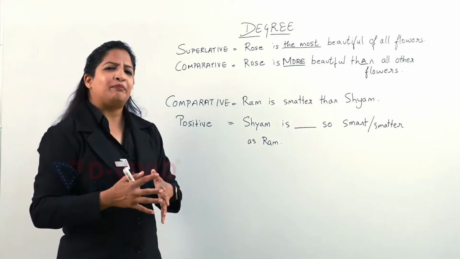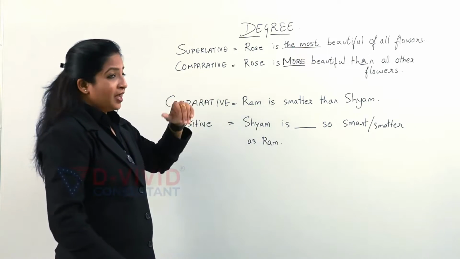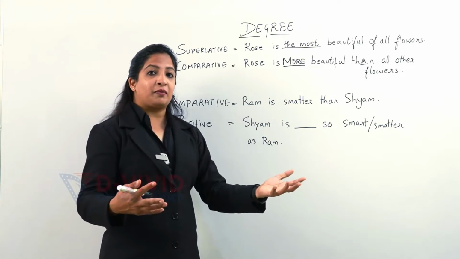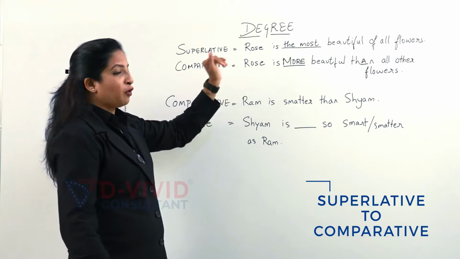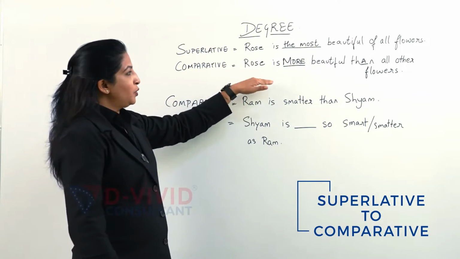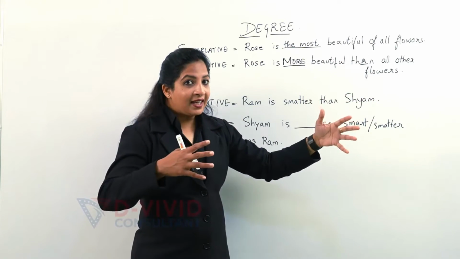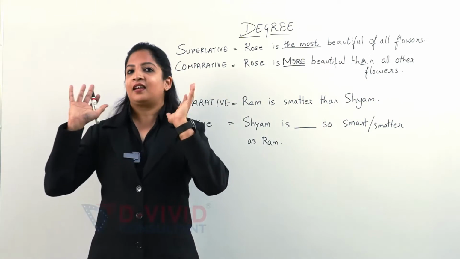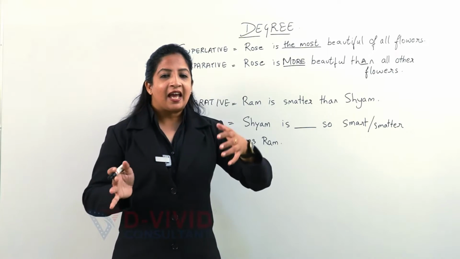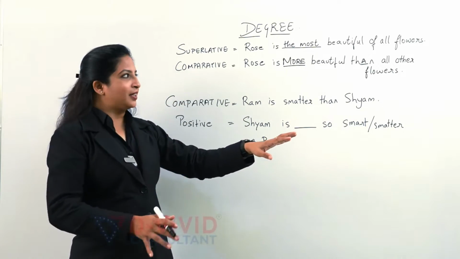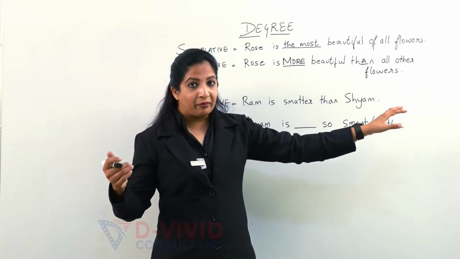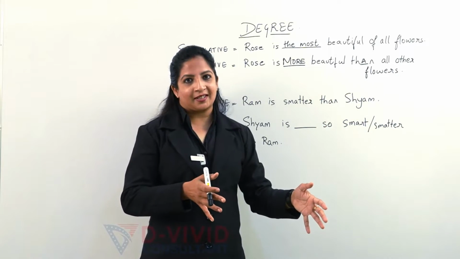Now what is happening exactly? If I want to change my degree from superlative to comparative, this is how I do it. I take one category in one basket and the rest of the categories with which I am comparing in one basket.